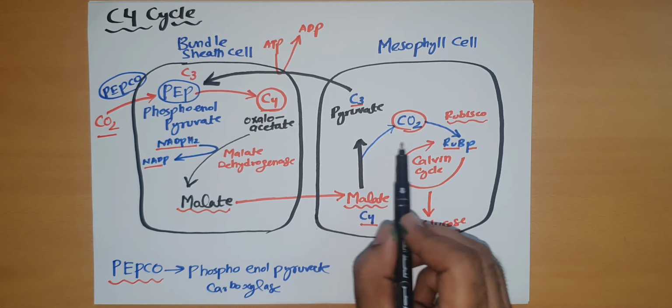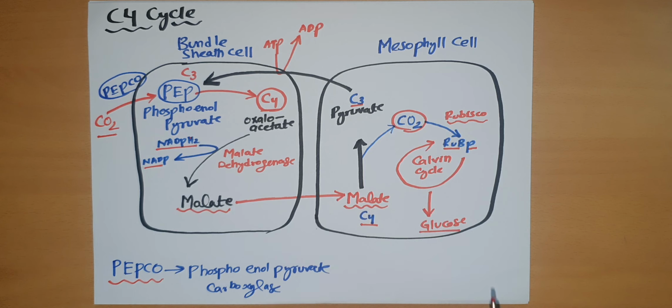So inside the mesophyll cells the concentration of carbon dioxide remains higher. So the C4 cycle is actually for the prevention of the oxygenase activity of Rubisco, so that there should be no loss of photosynthesis. So this is how the C4 cycle helps the C4 plants.